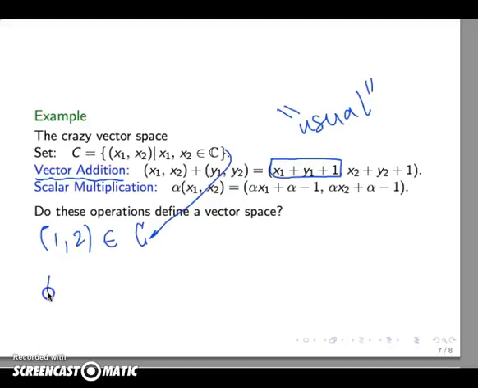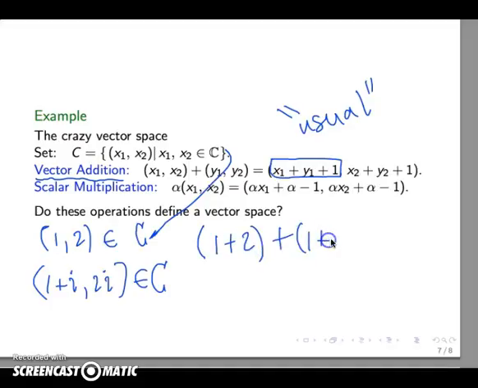And you may consider, for example, (1 plus i, 2i). This is also another member of C2. So according to this definition, you may say (1, 2) plus (1 plus i, 2i).